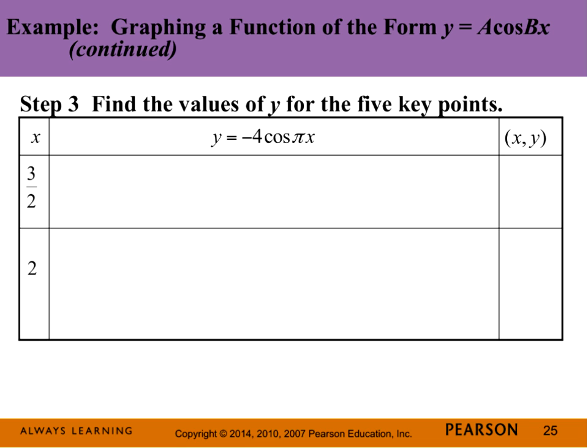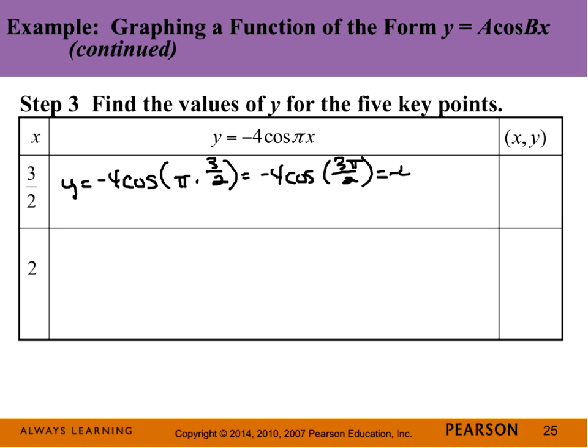So this is y equals -4 times the cosine of pi times 3/2, which is -4 times the cosine of 3 pi over 2. And the cosine of 3 pi over 2 is 0. So I have 3 pi over 2, 0 there.